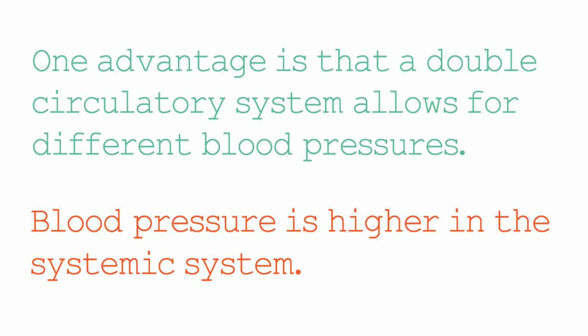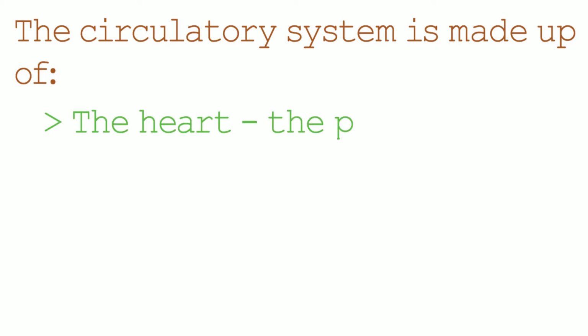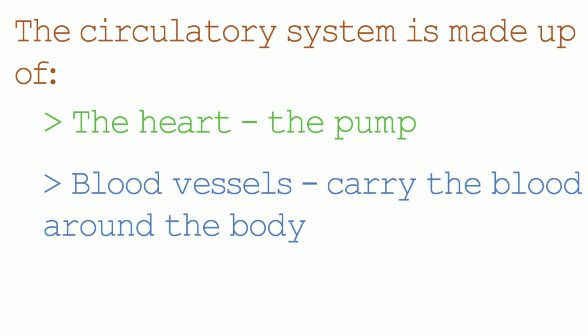This brings us on to the final part of this video, which is looking at what actually makes up the circulatory system. One component of the circulatory system is the heart, and the heart is the pump of the system. Another component is blood vessels, and these are responsible for carrying the blood around the body.